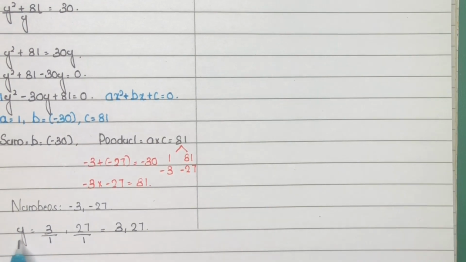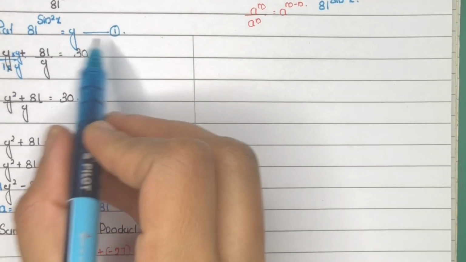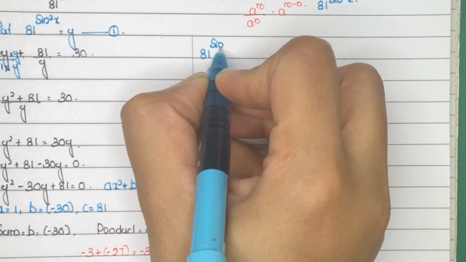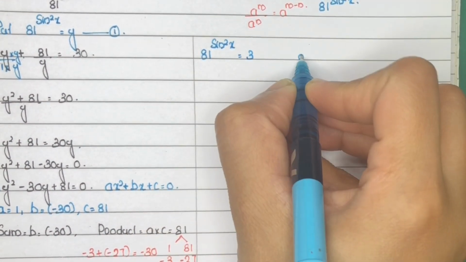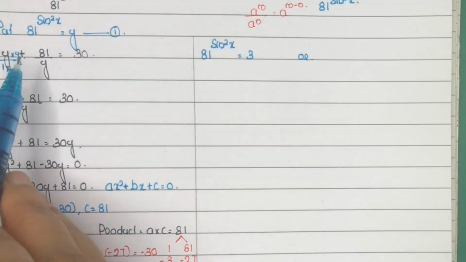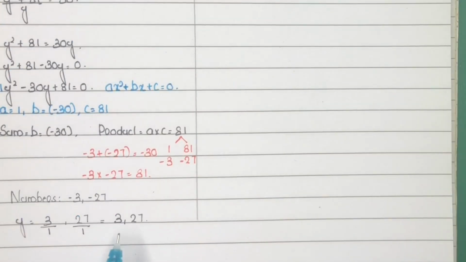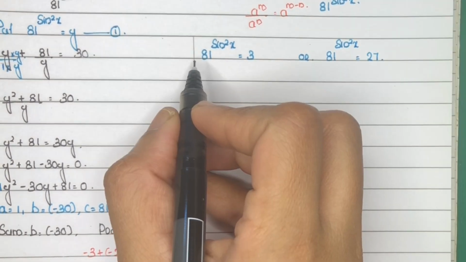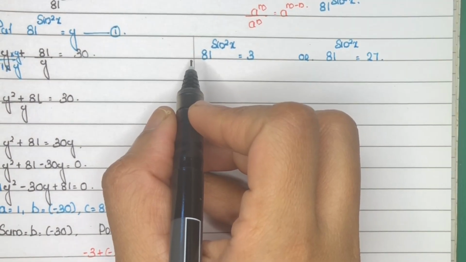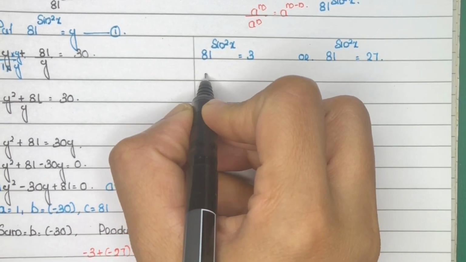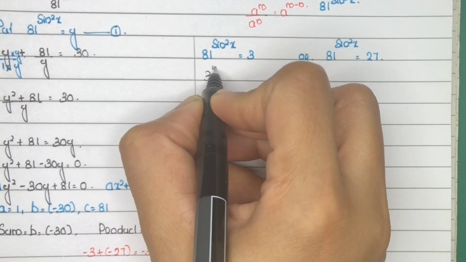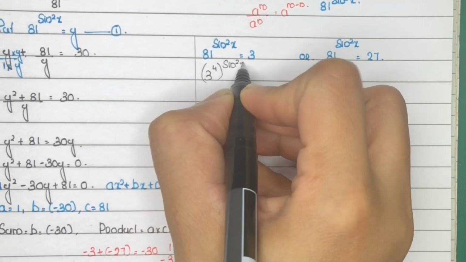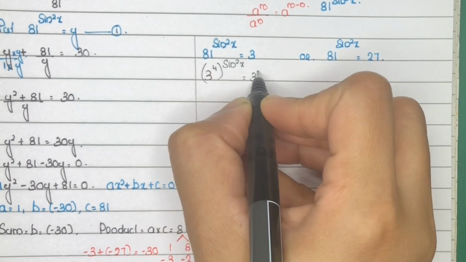Now substitute the values of y in equation 1. That is 81 raised to sin square x equal to 3, or 81 raised to sin square x equal to 27. 81 is 3 into 3 into 3 into 3, that is 4 times, 3 raised to 4. So 81 you can write it as 3 raised to 4 whole raised to sin square x equal to 3, which is same as 3 raised to 1.